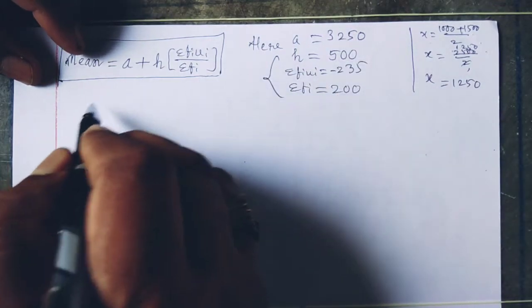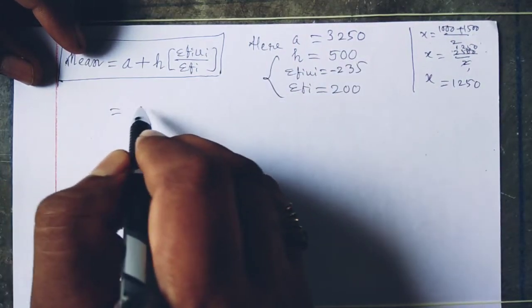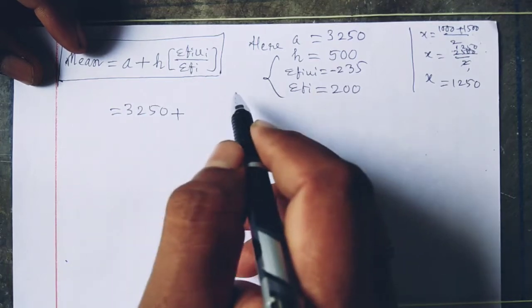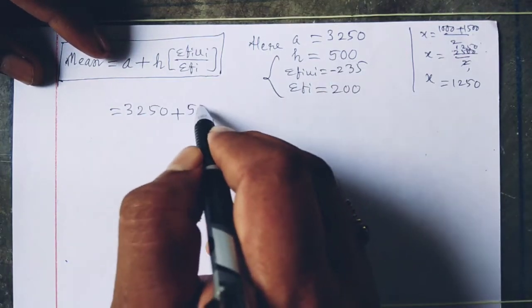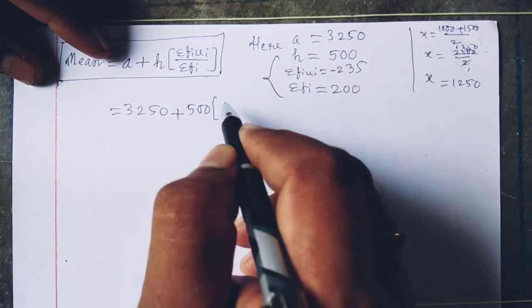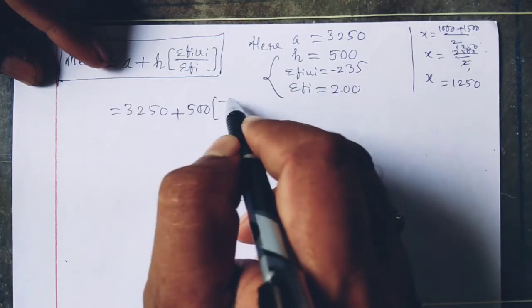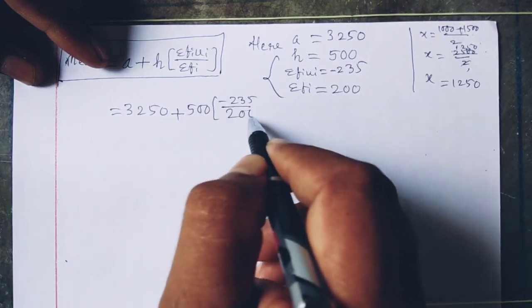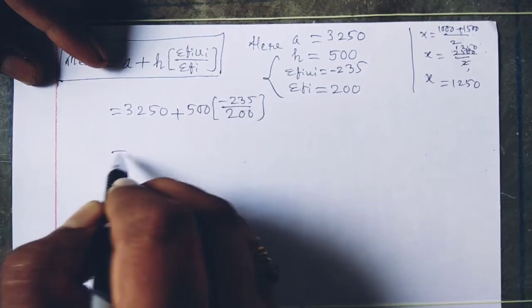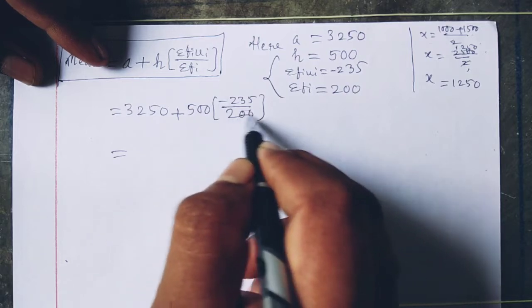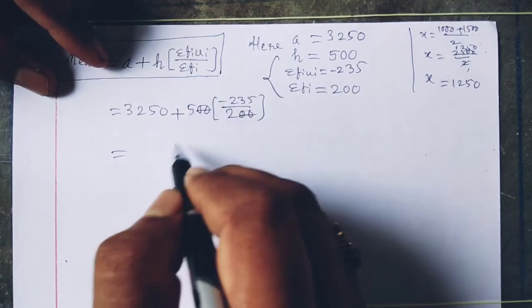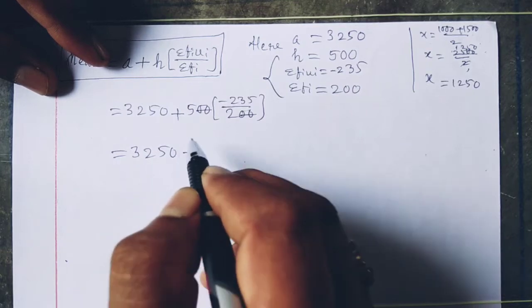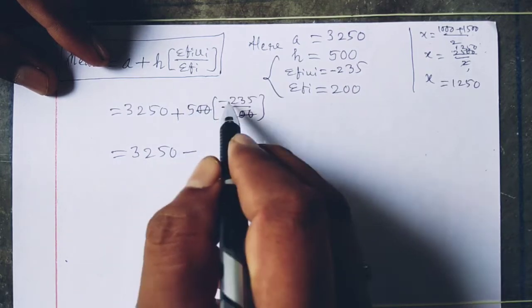So the mean is 3250 plus 500 into minus 235 by 200. The 20 gets cancelled, leaving 3250 plus and minus minus.